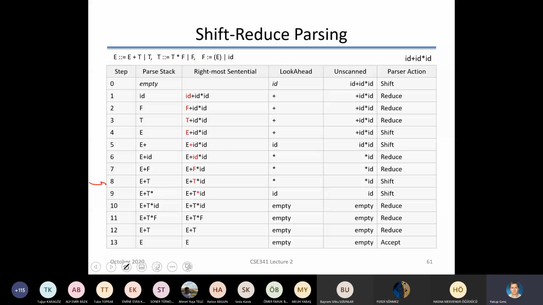So the first possibility is that if I move to E plus T, let's say if I actually explore this one and do a reduce, there is an E plus T here. I can reduce it, right? Then it will go to E, and I'll have only E on top of the stack, and then I will push the next one.